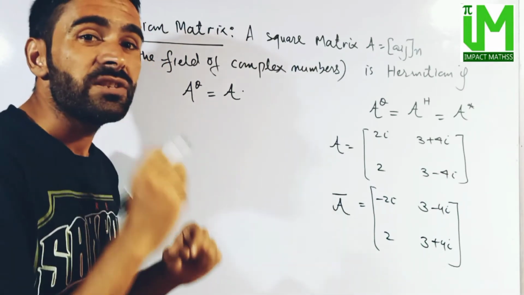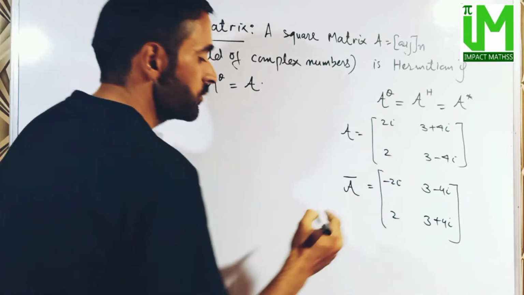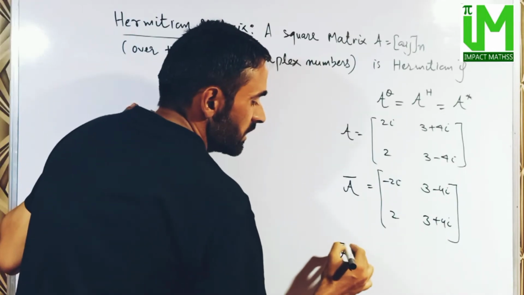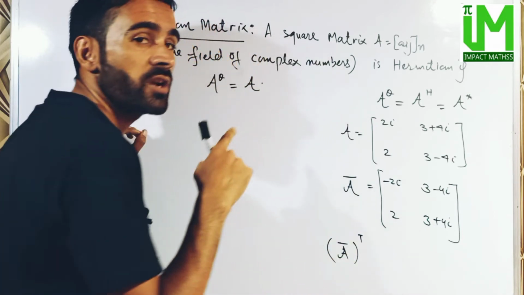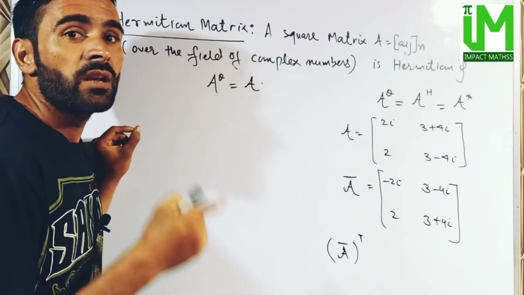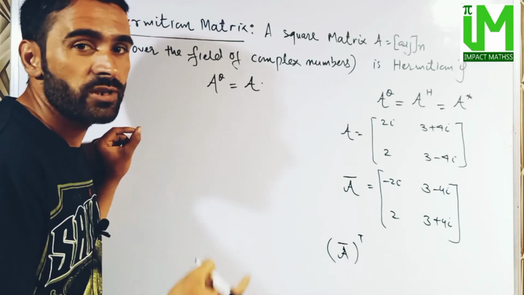Now if we take the transpose of this conjugate matrix, it will be a conjugate whole transpose. So this matrix will be called the transposed conjugate or conjugate transpose.